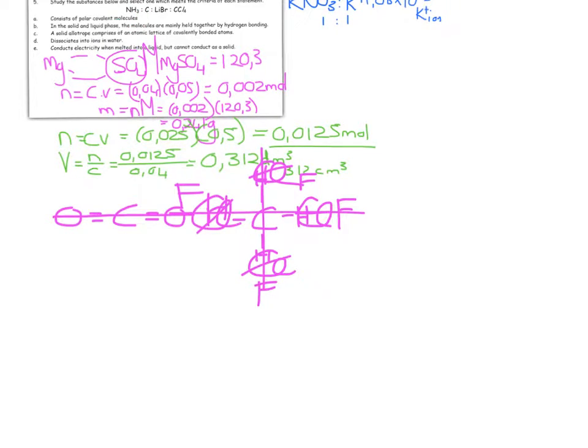So that's not a polar covalent molecule because they have the same electronegativity. Lithium is a metal, bromine is a nonmetal, and therefore lithium bromide is ionic, and carbon tetrachloride, as we discussed earlier, has polar bonds but is a non-polar molecule, so that is not polar covalent. So our correct answer there is going to be ammonia.